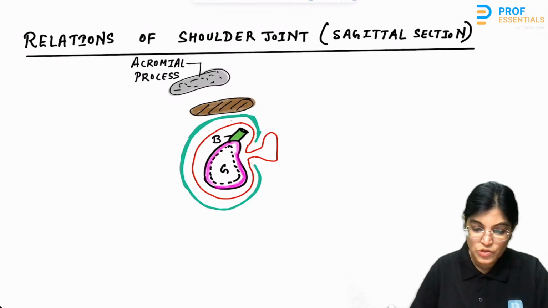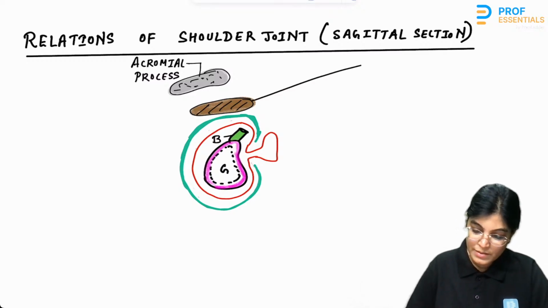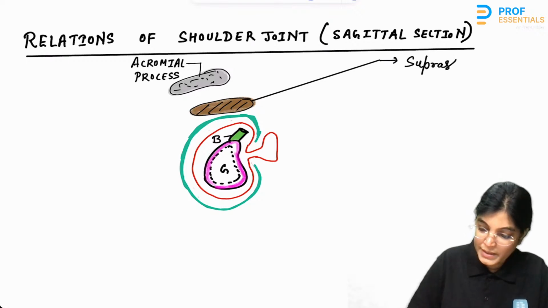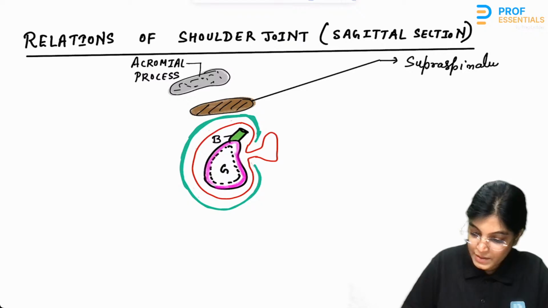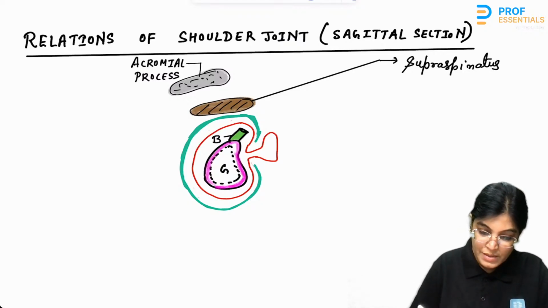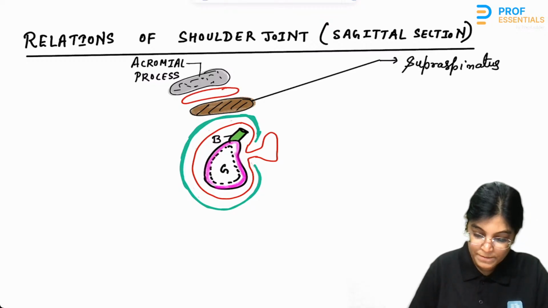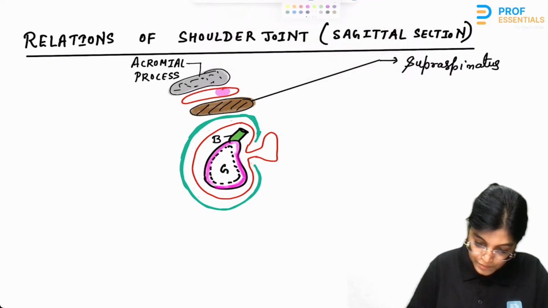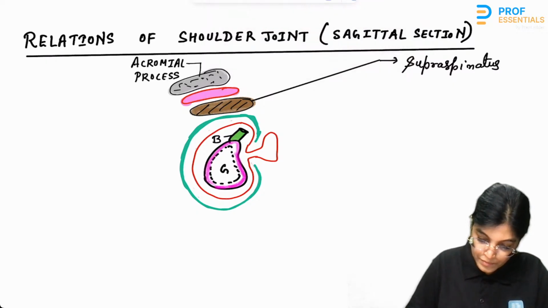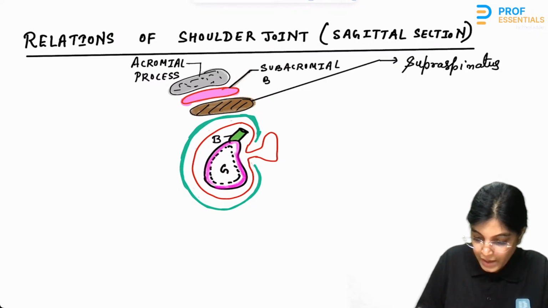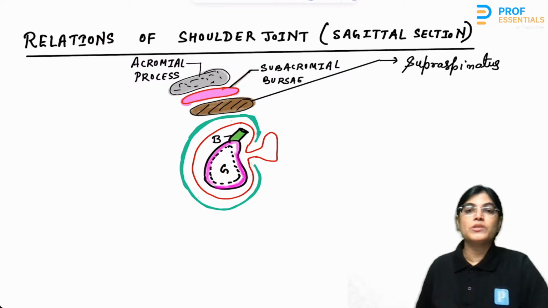This muscle which we have made is the supraspinatus muscle tendon. In between these two, I will make an outline for the subacromial bursa. This is the subacromial bursa. So the superior aspect structures we have made.